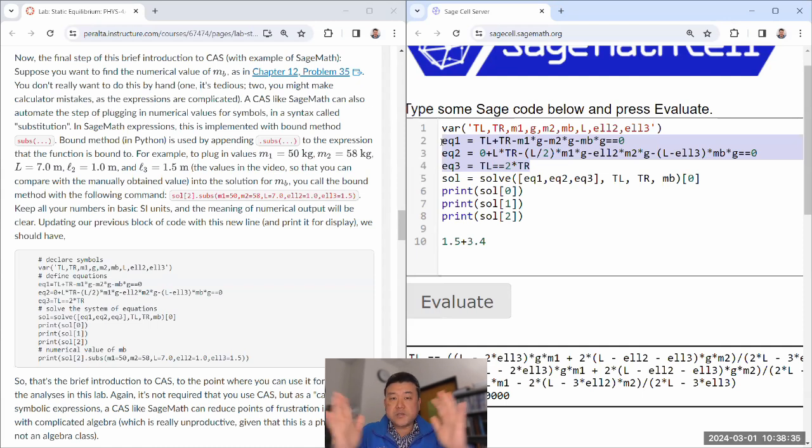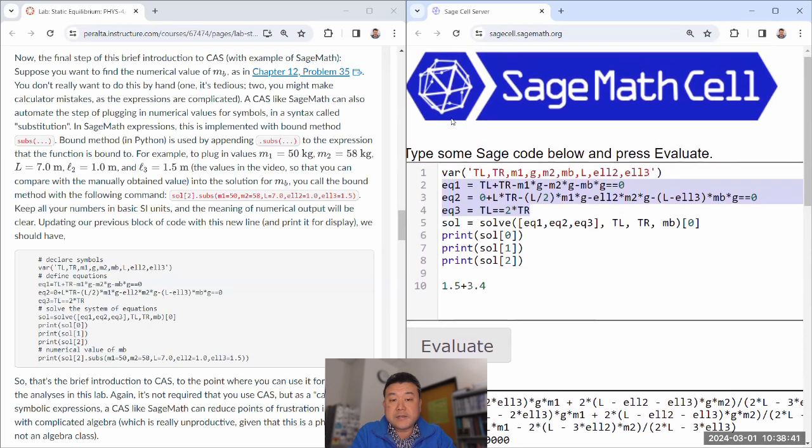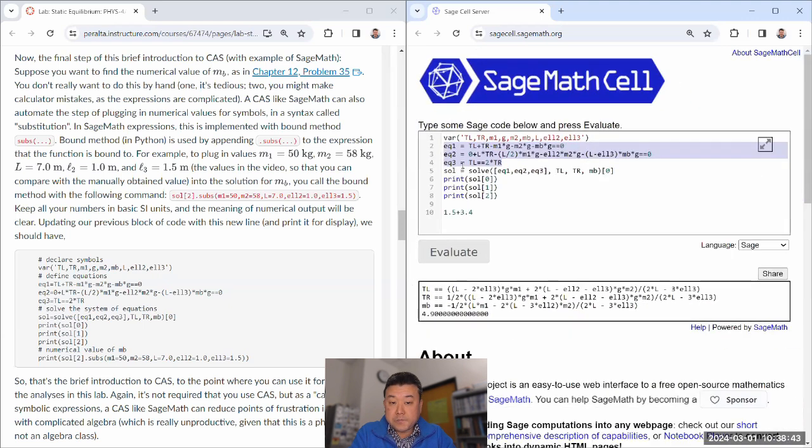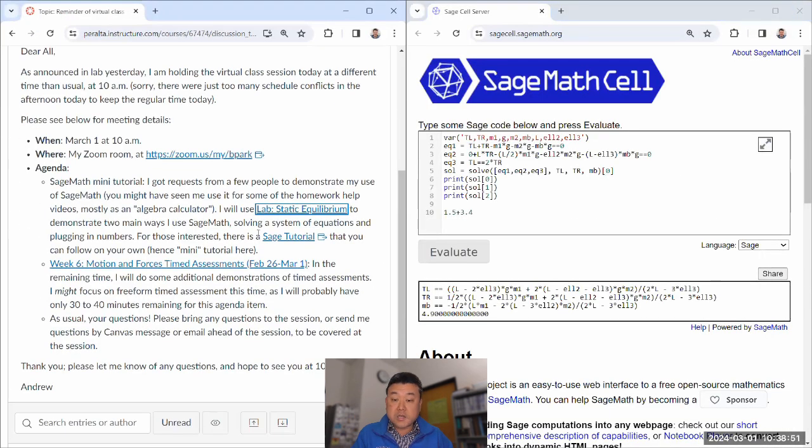So for the vast majority of algebra you need to do in this class, SageMath will work really well, because that's where it excels. With that, I wanted to point out one thing: if you're interested in learning more about SageMath, there's a whole tutorial that you can follow.